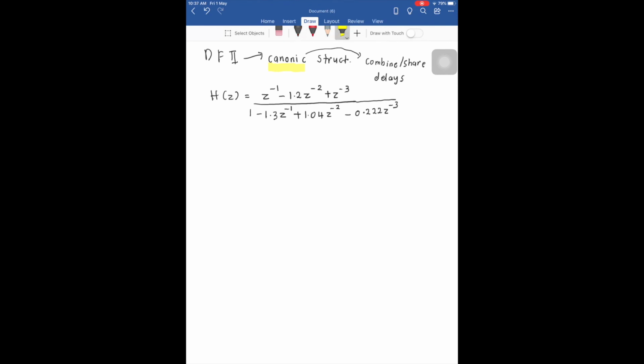To sketch direct form 2, you have to refer to your highest degree. Your highest degree for both is 3, so we're going to have 3 delays.